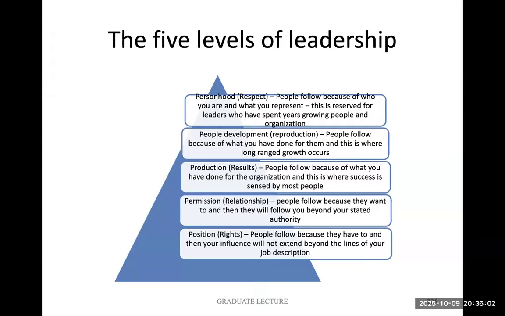For instance, I'll give a very classic example. I will not call a name specifically, but say a senior registrar who is currently doing a residency in a specialty in Nigeria is suddenly appointed commissioner of health of the state he's in.